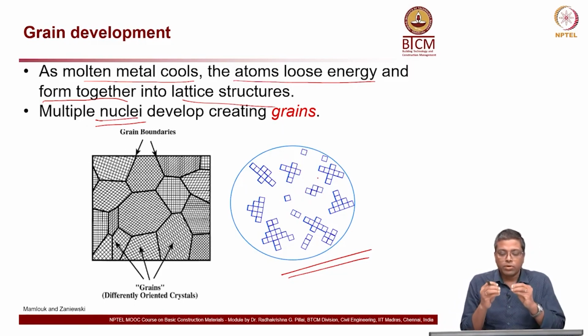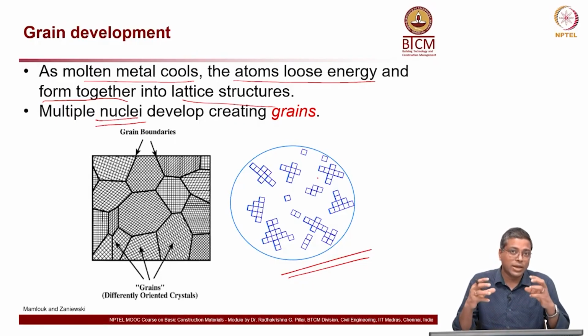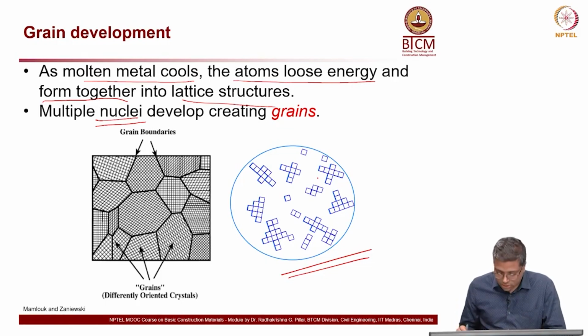You will see that each of these crystals grows in all directions and fills the space. If I am initiating one here, they start growing and start to hit each other, but the direction of growth in each crystal is not parallel, or each crystal orientation is not parallel. So, when they grow and hit each other, a misalignment is generated. I will just play once more, you can just watch.